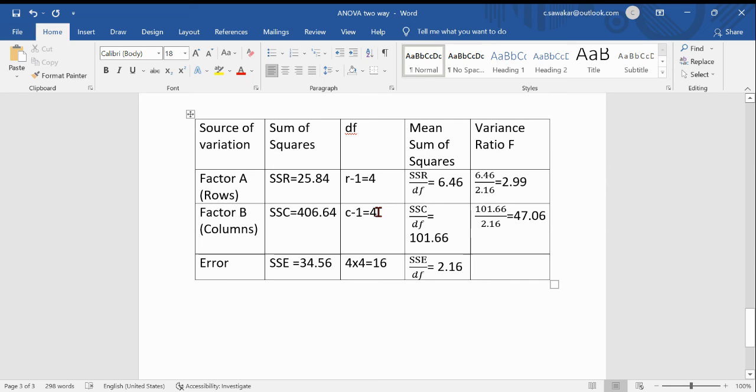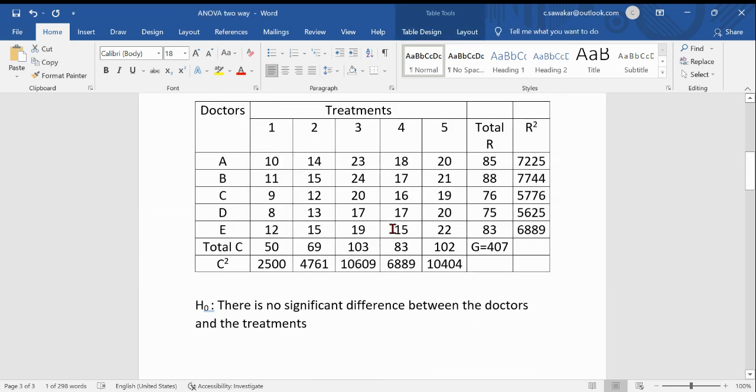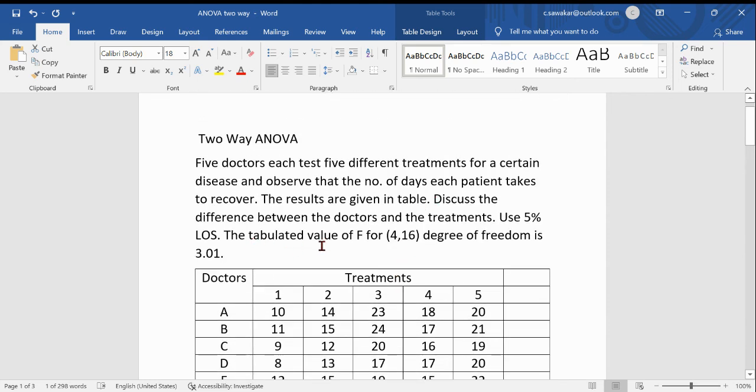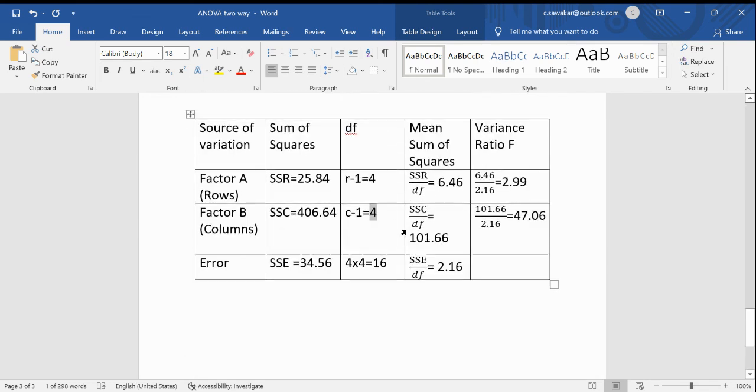Now, in place of this 4, if you see in the question, the tabulated value of F for 4 comma 16 degree of freedom is given. Now if there was any other number, suppose there were more columns, and the degree of freedom would have been 5, and obviously this would have changed.